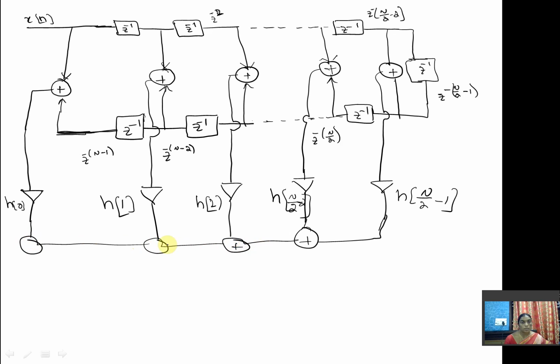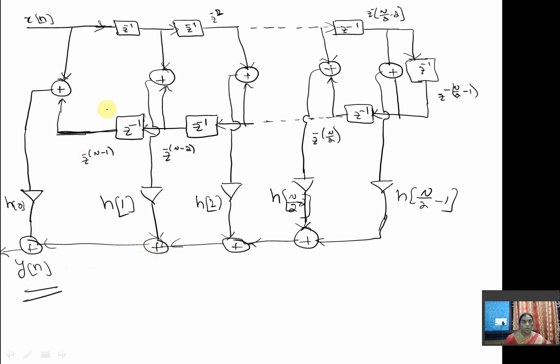So here plus, here is y of n. See this? So the connection paths are in this way. So in this way you can get the y of z.